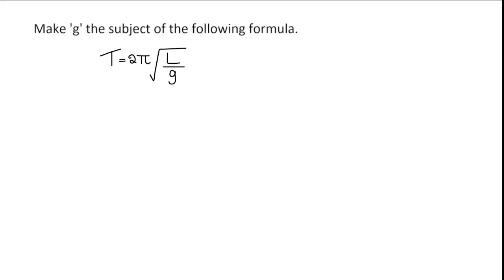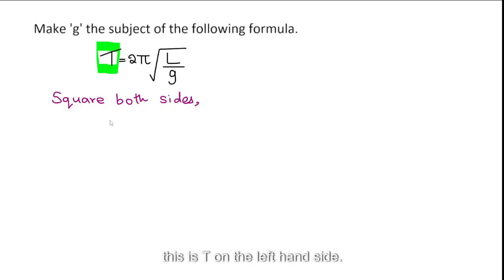Let's have a look. Now, like I mentioned earlier, the problem here is the square root. If you need to get rid of the square root, you need to do the opposite of square rooting, that is squaring. So we are going to square both sides. The best way to square this one: this is T on the left hand side, so let's write it twice, T times by itself.